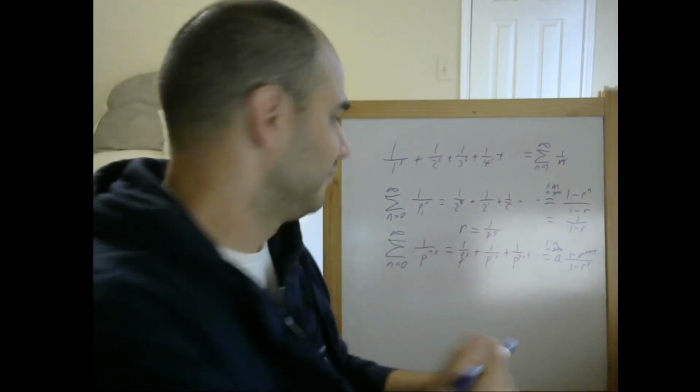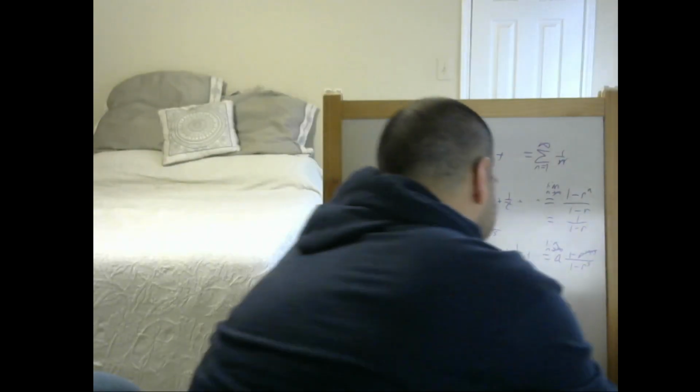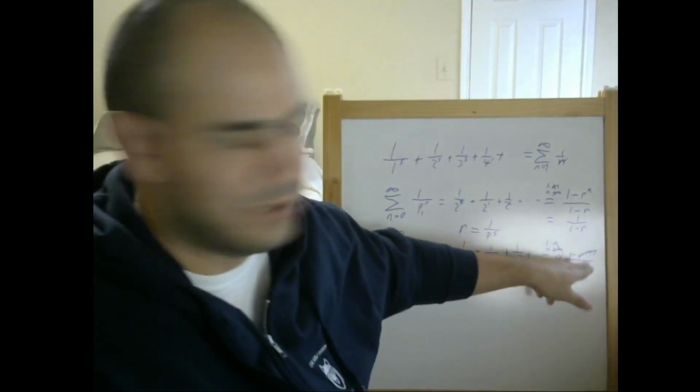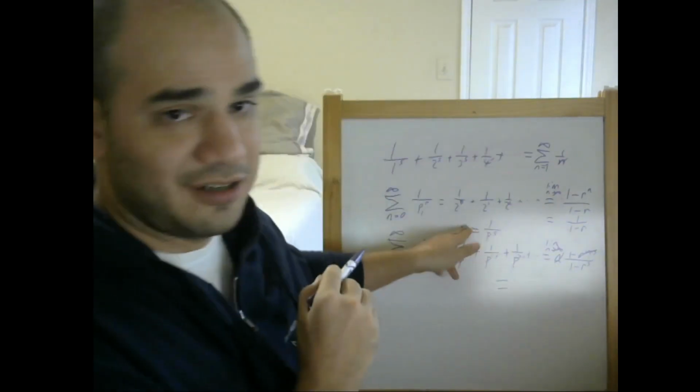So now we'll simplify it. So a was 1, so we just dropped that. N went to infinity, so this term went away. And R is equal to 1 over p to the s.